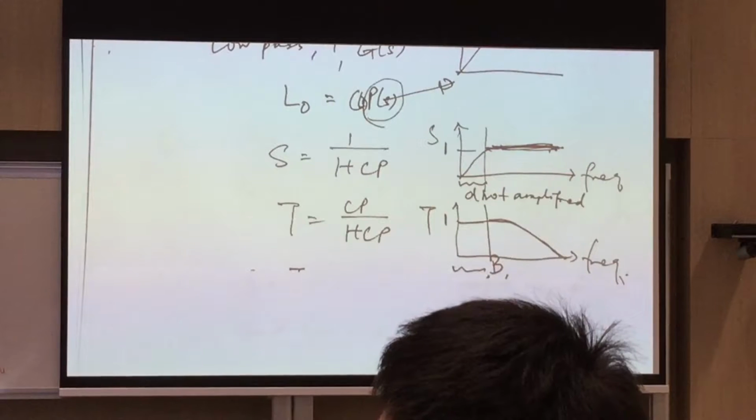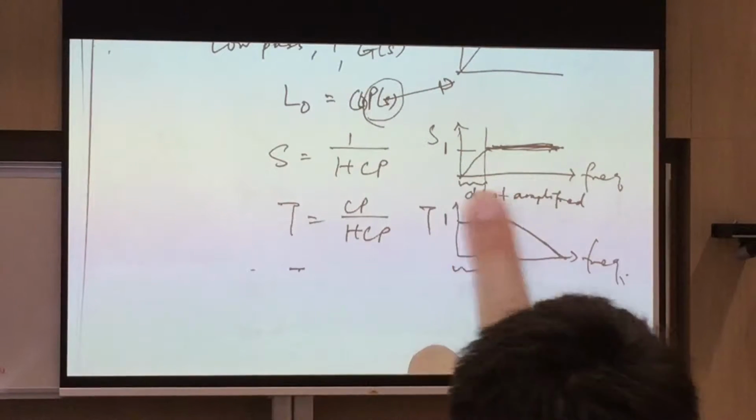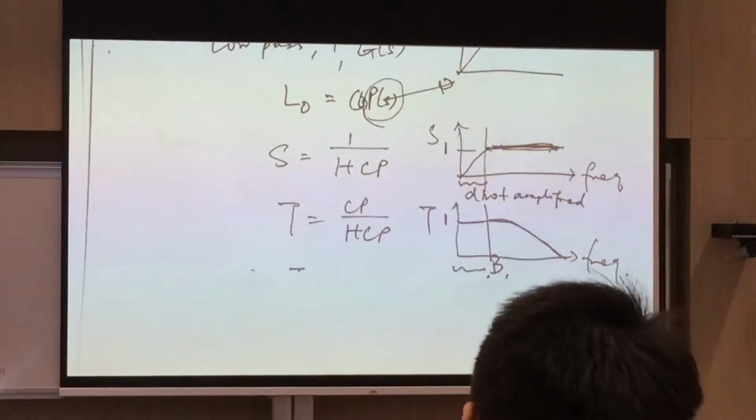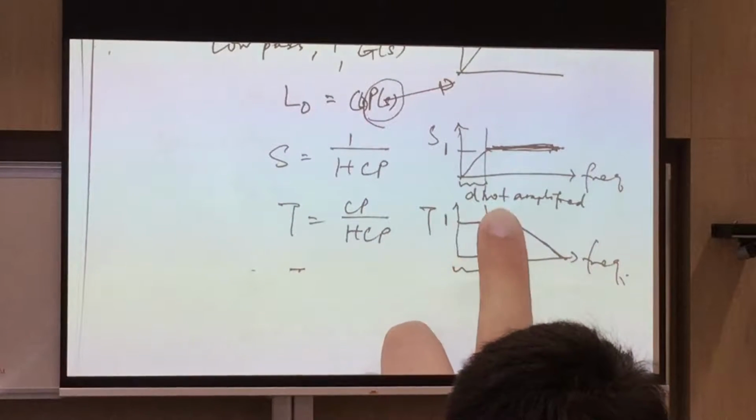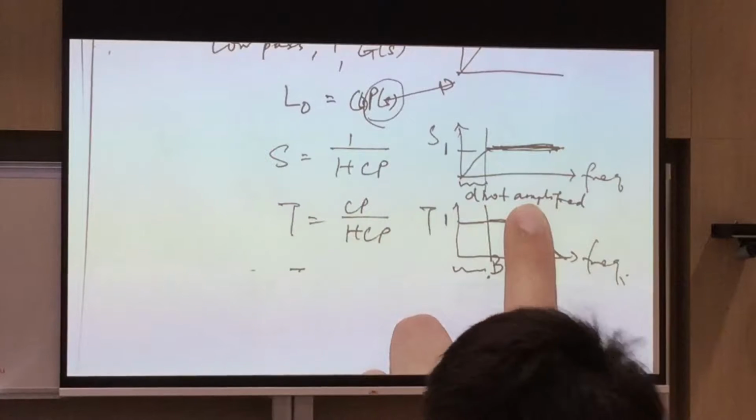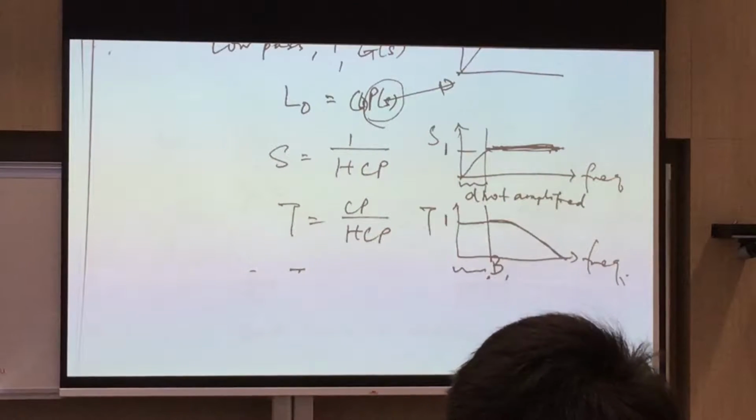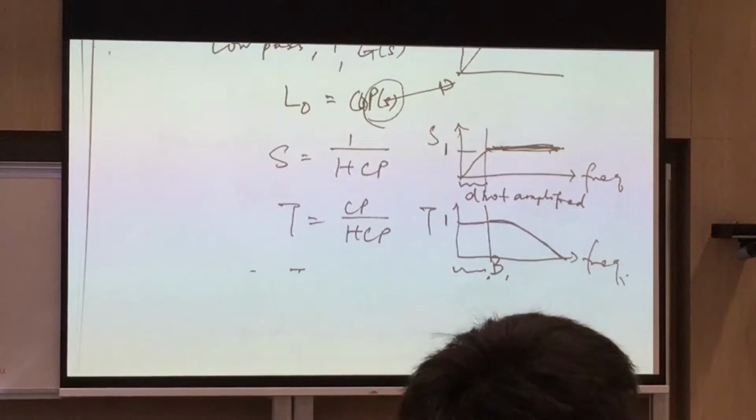We've gone through this last lecture. In this range S is small, and I write there that disturbance D is not amplified. You can understand this because if S is less than 1, it's 0.something, your disturbance D is not amplified.